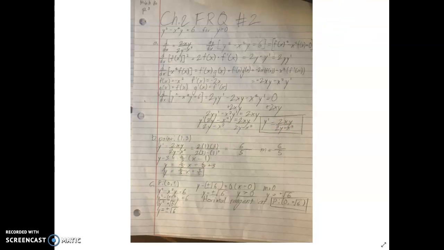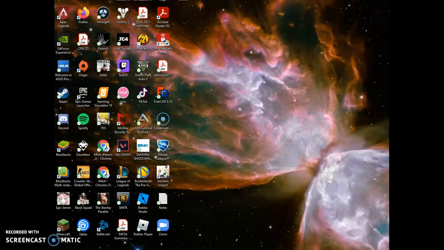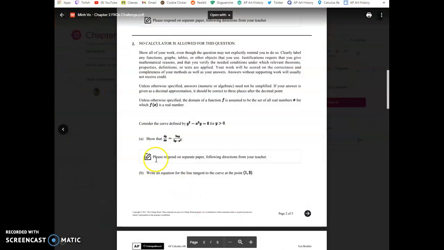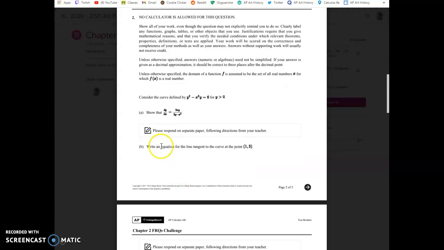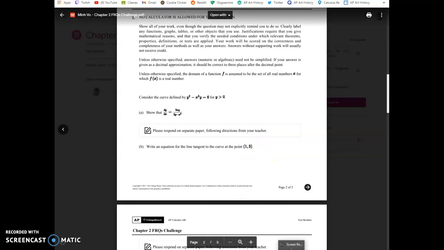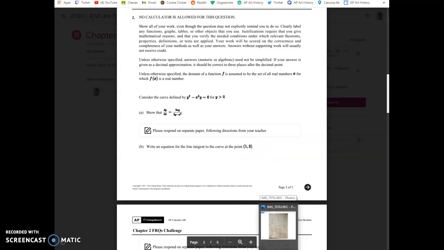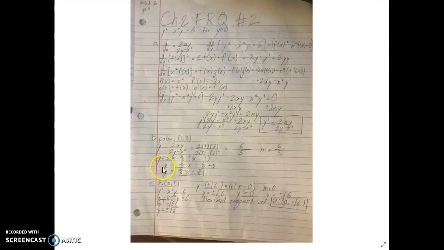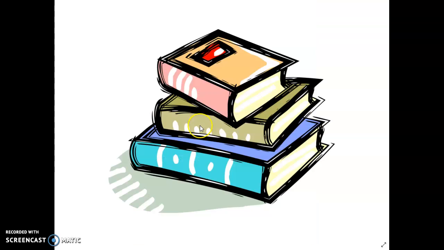And so for B, it asks you to write an equation for the tangent line of the curve at point 1, 3. So what we would do here is plug in points 1 and 3 back into the derivative of our formula.